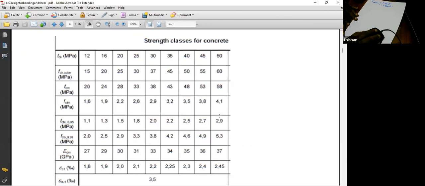Just to have some value, we can say the tension allowed can be around 2.5 megapascal, without worrying about the exact value, just to keep a value in our database.